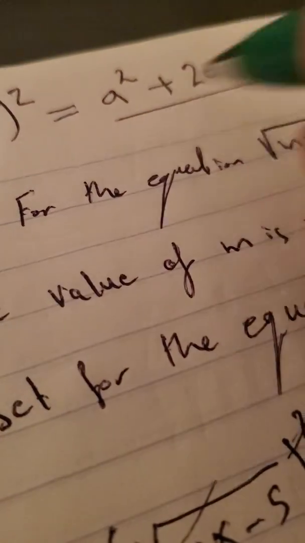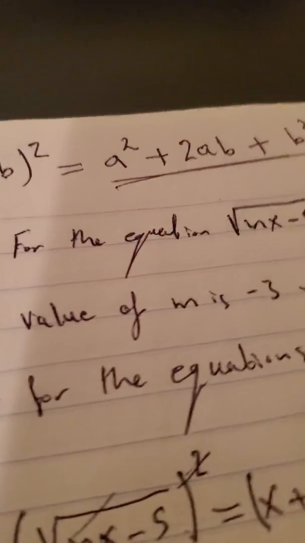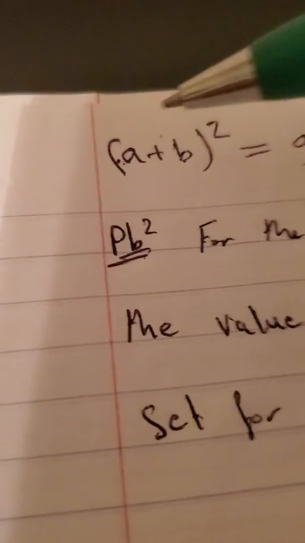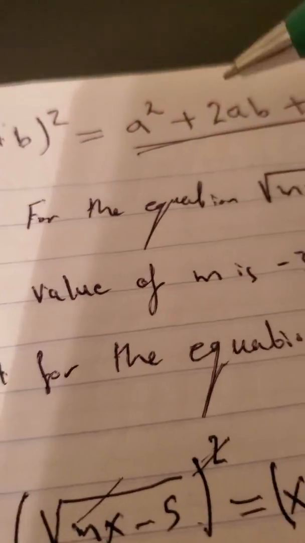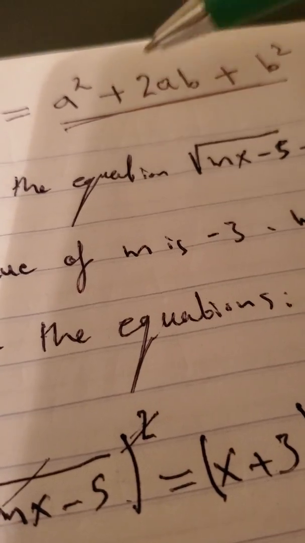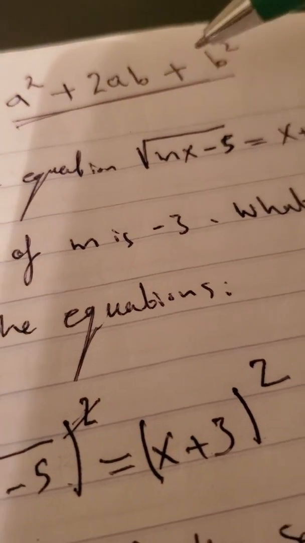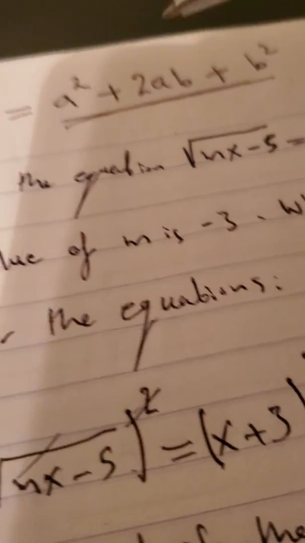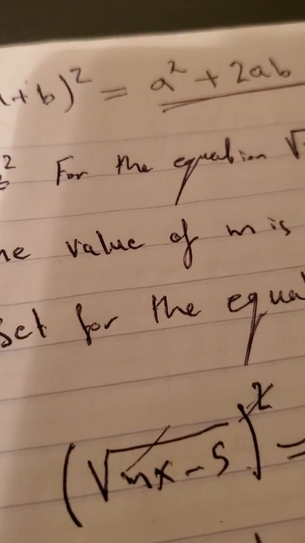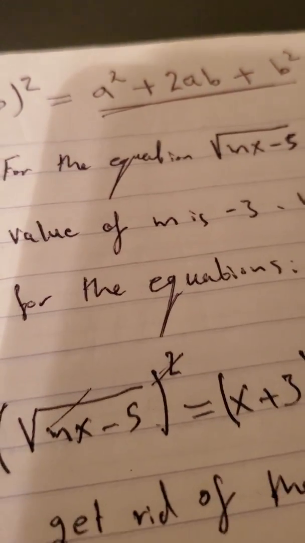That is, a plus b squared is equal to a squared plus 2ab plus b squared. And you always have to keep it in your mind.